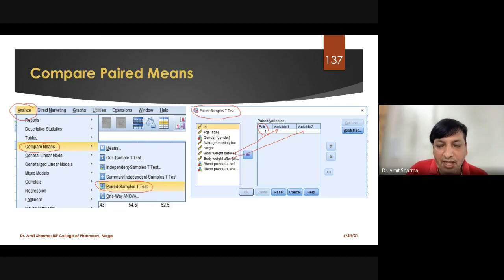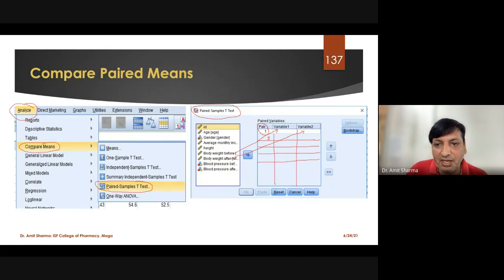As you add the data in Variable 2, the software makes another line by quoting Pair 2. If you want to add data of Pair 2, you can add, otherwise you can run the test with Pair 1 only. It's your wish, your own hypothesis, your own requirement of your project, whether you want to find out the difference of only one pair or multiple variables together.